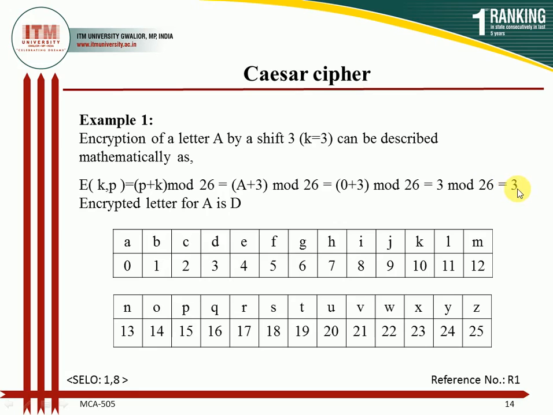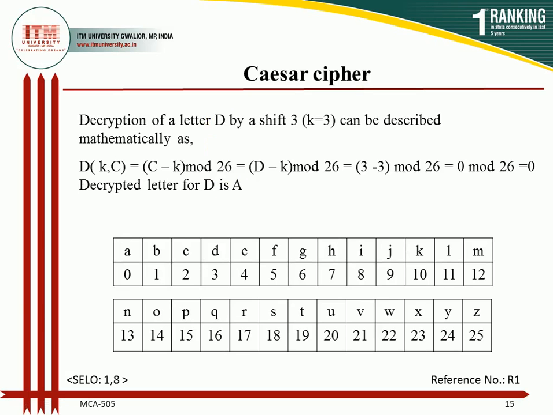What does this number 3 represent? As you can see here, 3 represents D. So when we encrypt the letter A, which is the plain text, we convert it into D. This is how to perform encryption. Here I am not using a word as the plain text, just a single letter, so it will be clearer to you.